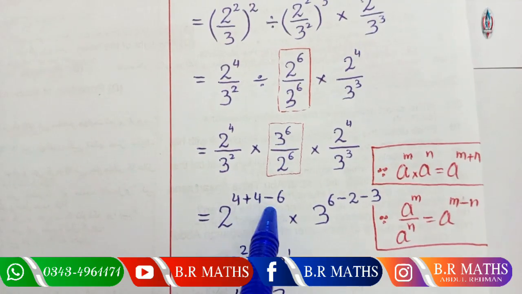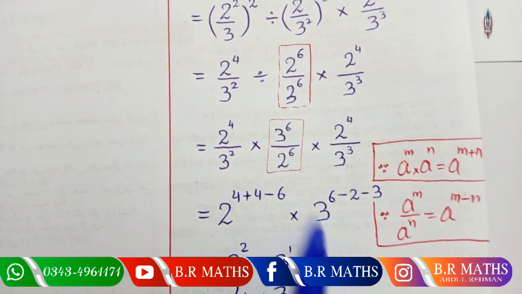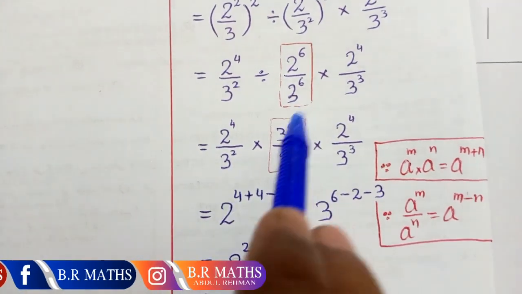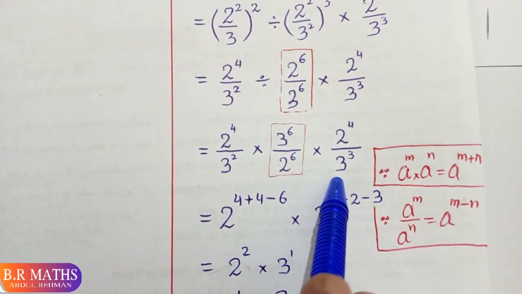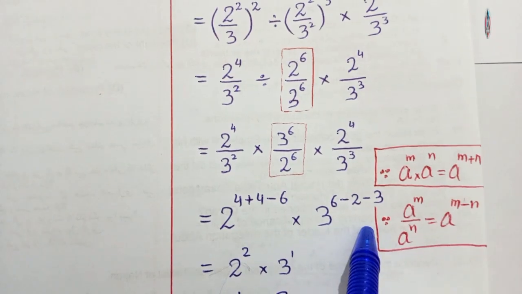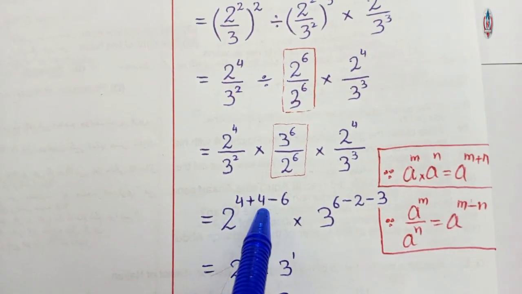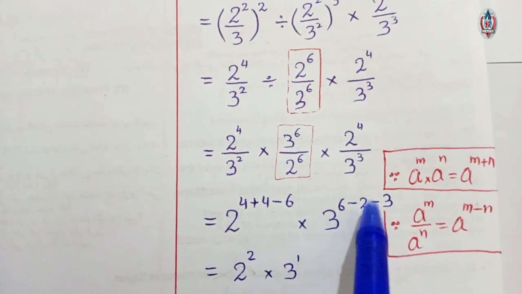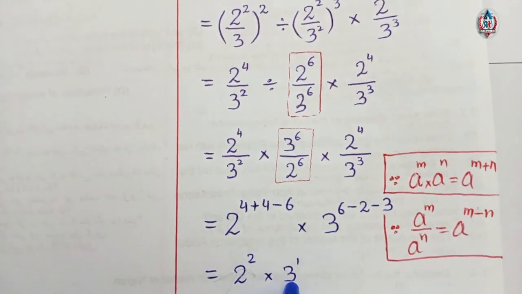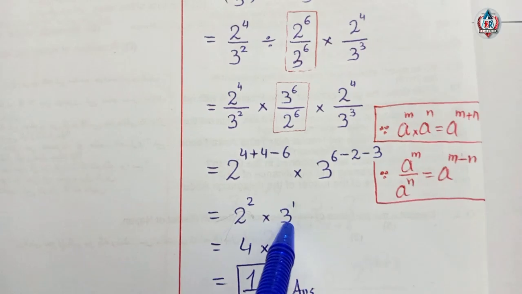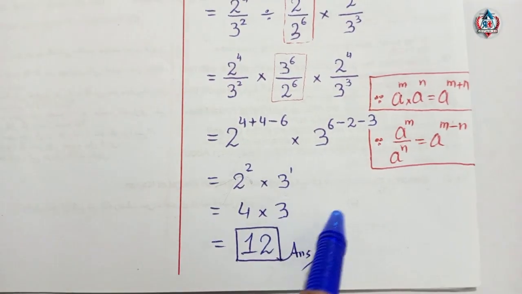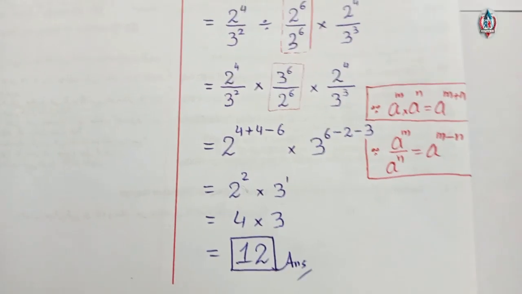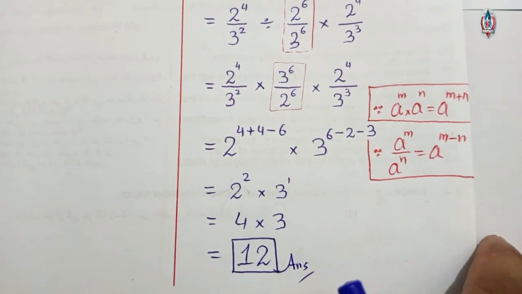So 4 plus 4 minus 6, and similarly 3 raised to power 6, in the denominator 3 raised to power 2, it becomes minus 2, and in the denominator 3 raised to power 3, it also becomes minus. So 4 plus 4 is 8, minus 6, it becomes 2 raised to power 2, and 6 minus 2 minus 3 becomes 1, so 3 raised to power 1. 2 raised to power 2 means 4, and 4 multiplied by 3 becomes 12. So the final result of this question is 12.